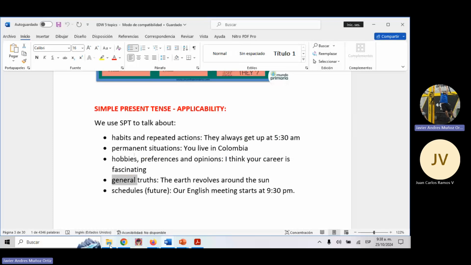Additionally, we use simple present tense to predict the future. But what kind of future? We are predicting the future in terms of activities we have already scheduled in our agendas, right?